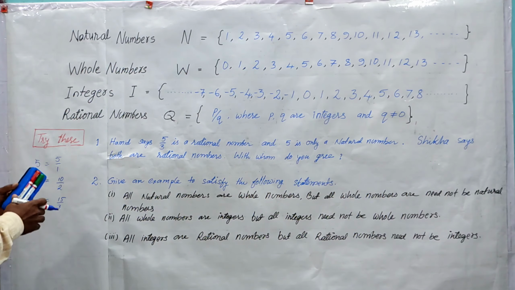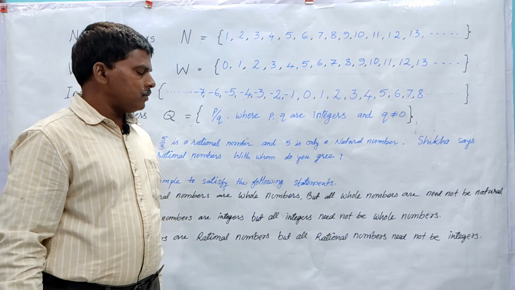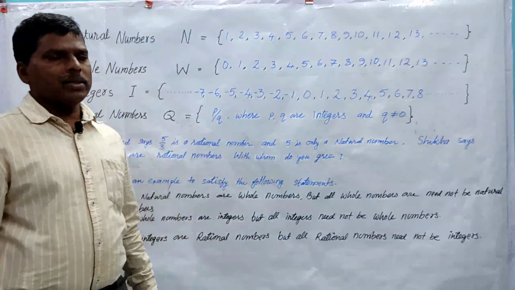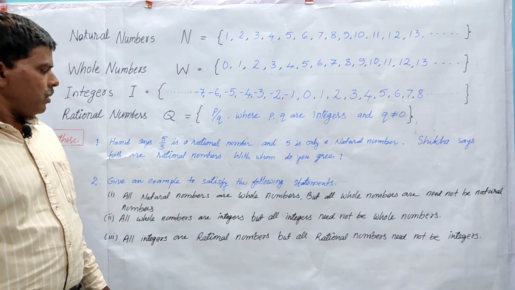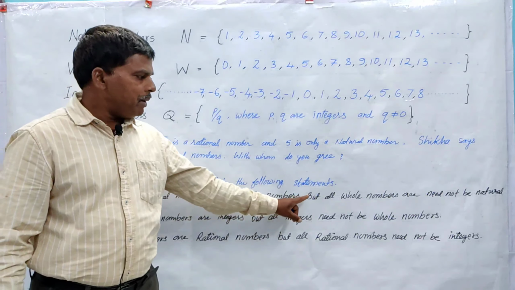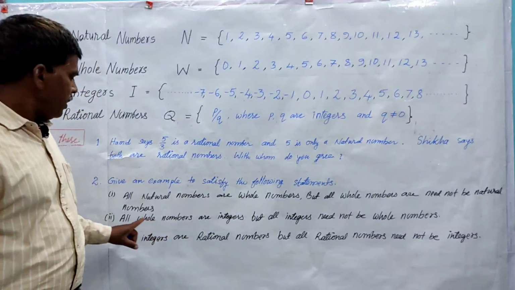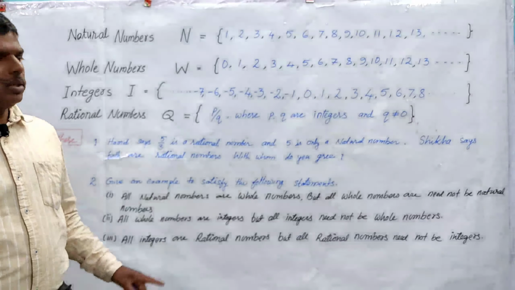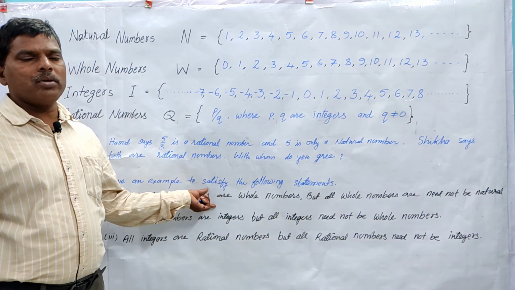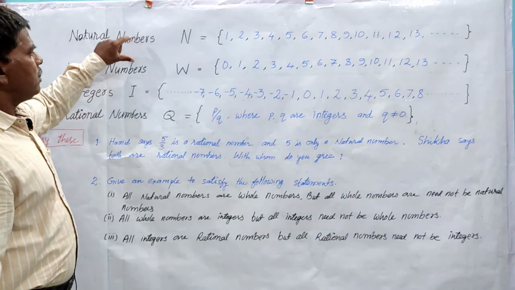The first statement: all natural numbers are whole numbers, but all whole numbers need not be natural numbers. To satisfy this statement, we have to give an example. What are natural numbers and what are whole numbers?